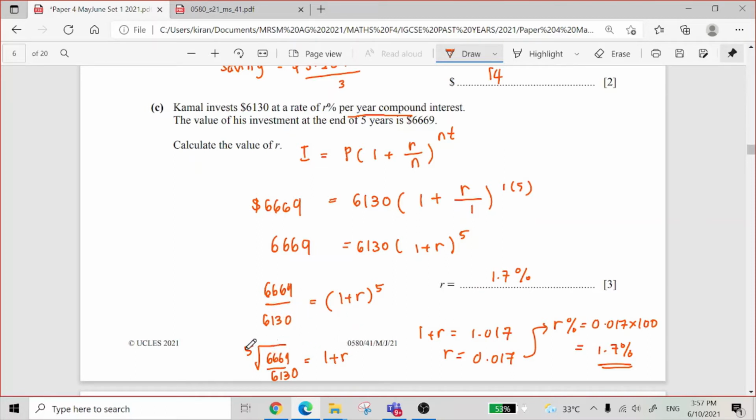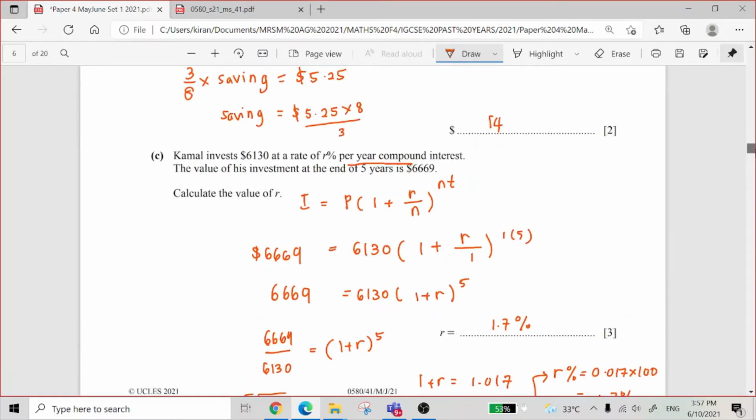We take the fifth root here, and then we get 1 plus r equal to 1.017, and then r is equal to 0.017. Since we want r percent, the percentage we have to times by 100, and we get 1.7%. Okay, that is for question C.